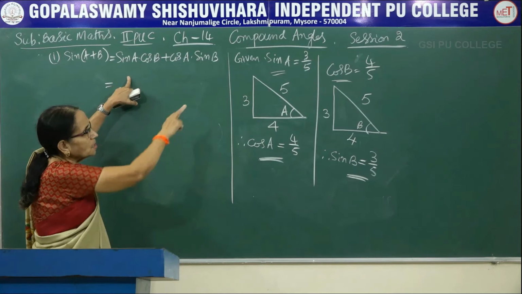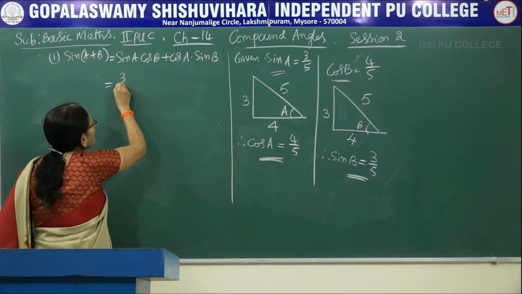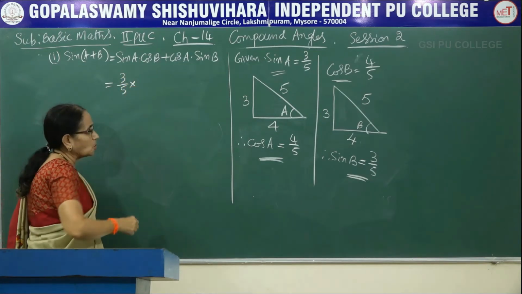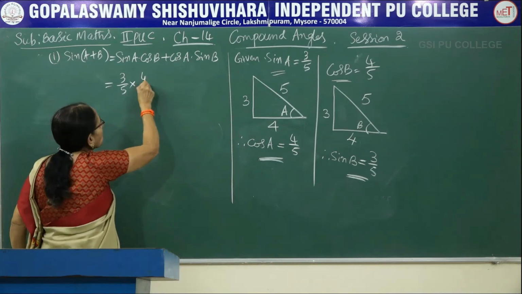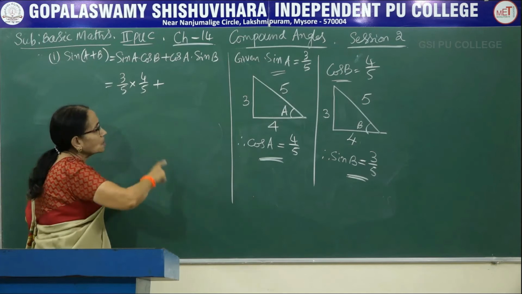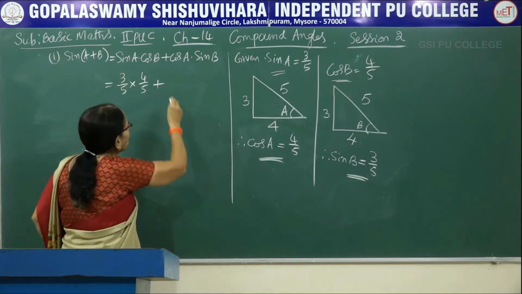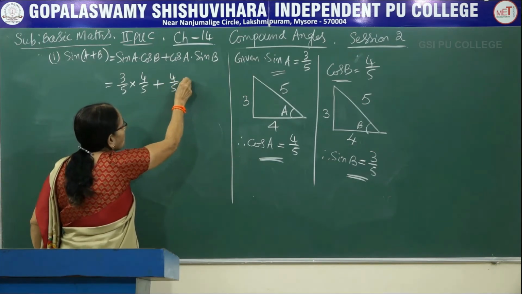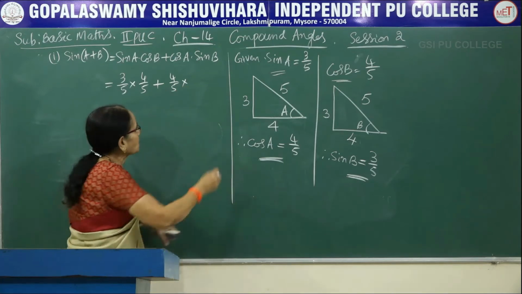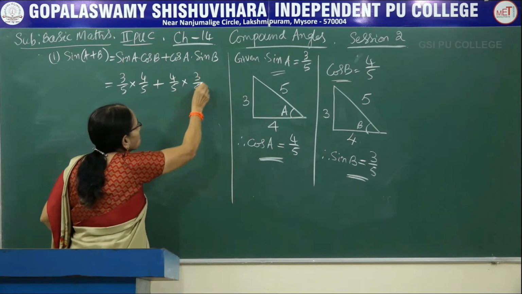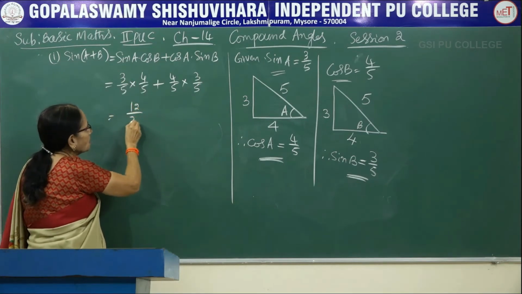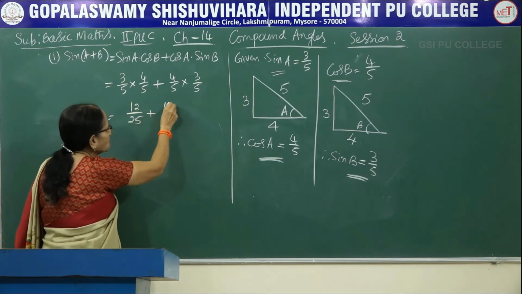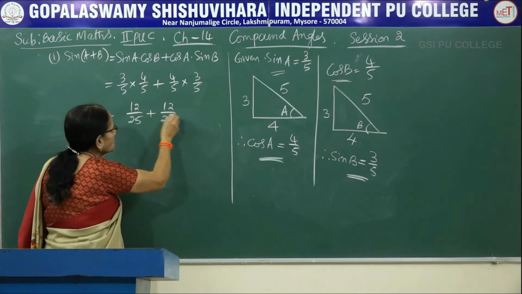First term sin A, look at that one, it is 3 by 5 into cos B. Cos B has been given to us, it is 4 by 5, plus cos A we have calculated, that is 4 by 5 into sin B, again we have calculated, that is 3 by 5. Now 4 3s are 12 divided by 25, another 12 divided by 25.